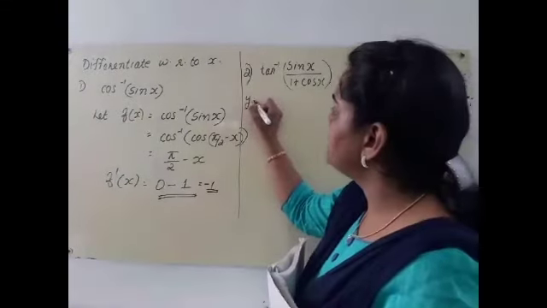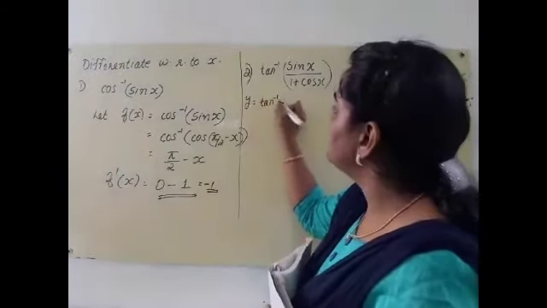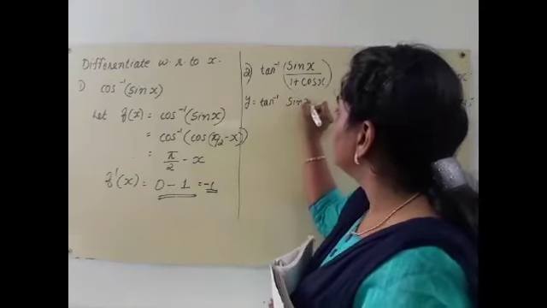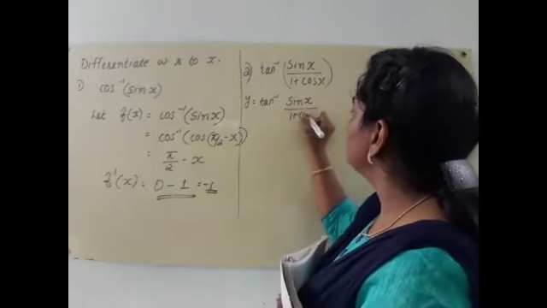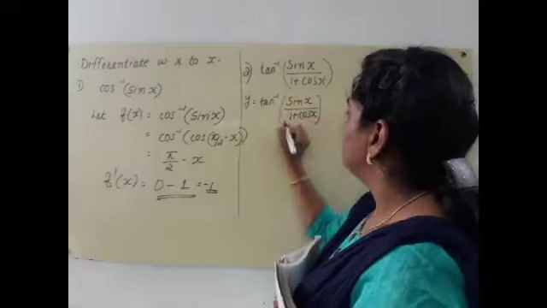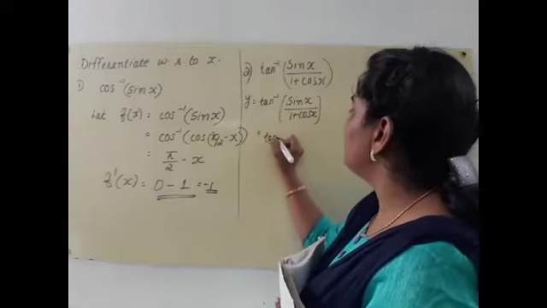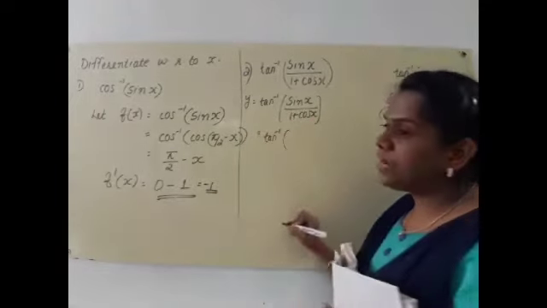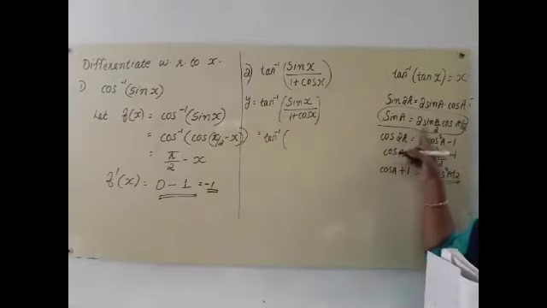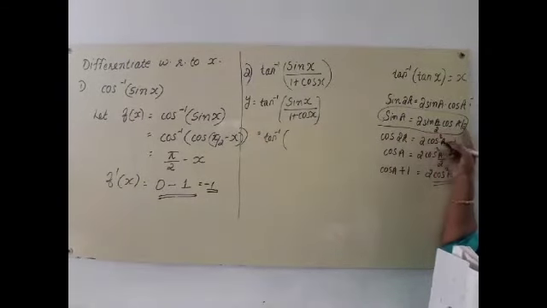Let y is equal to tan inverse of sin x divided by 1 plus cos x. How to write sin x? Sin a is equal to 2 sin a by 2 cos a by 2.